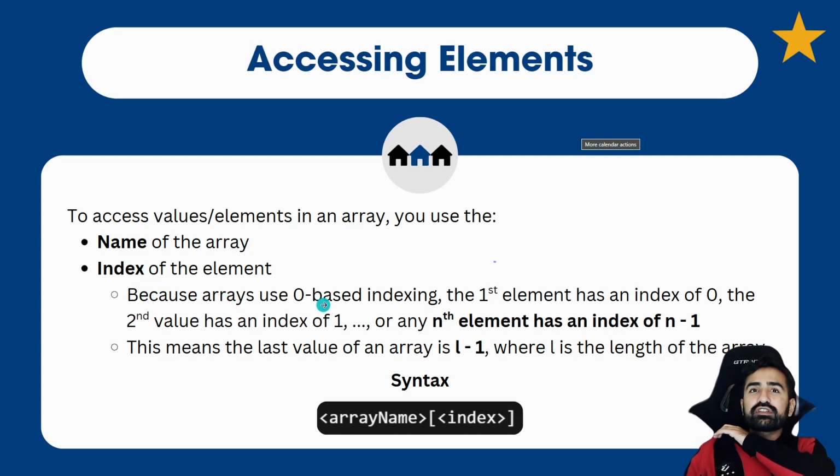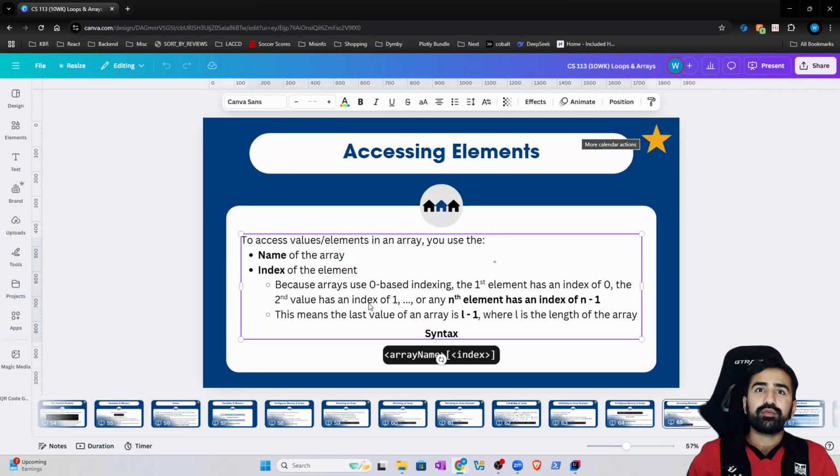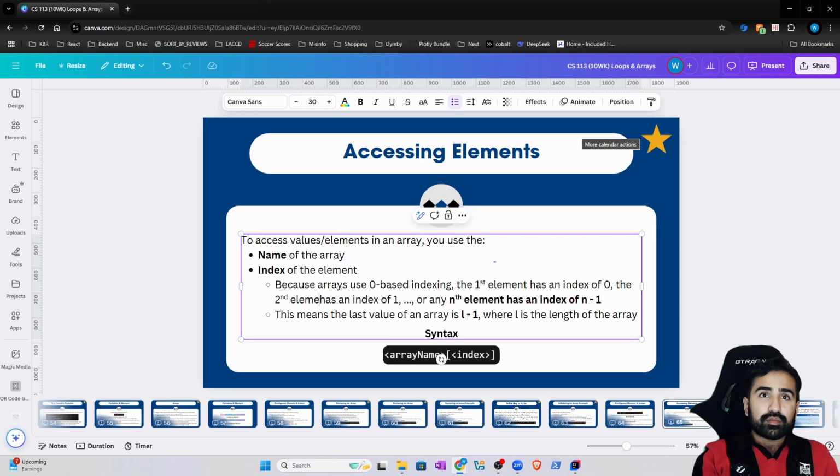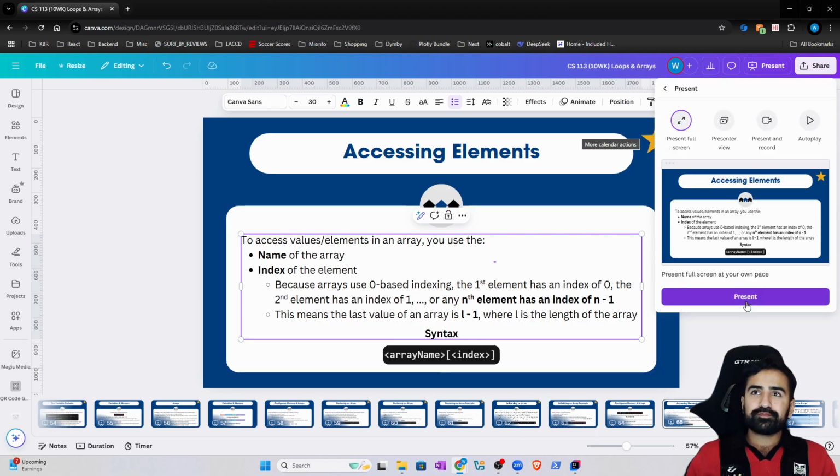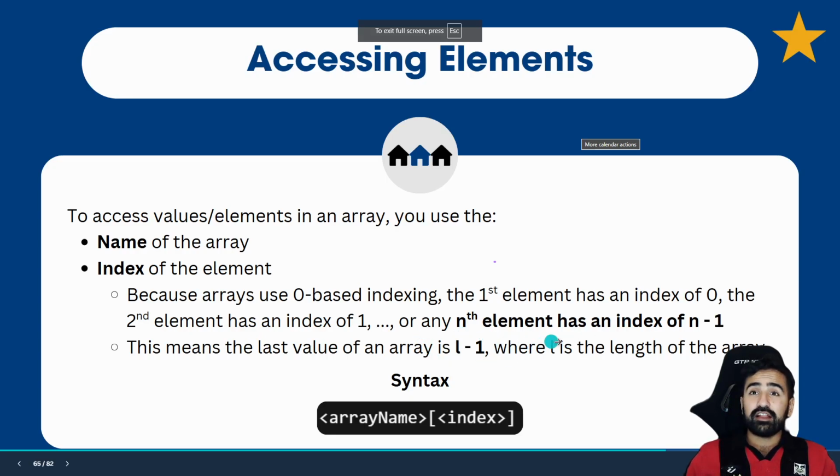Remember, arrays use zero-based indexing, so the first element has an index of 0. The second element has an index of 1. And then just to create a general rule, any nth element has an index of n minus 1.